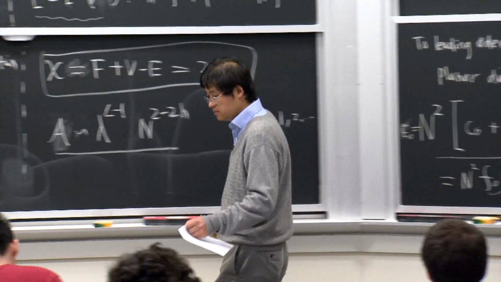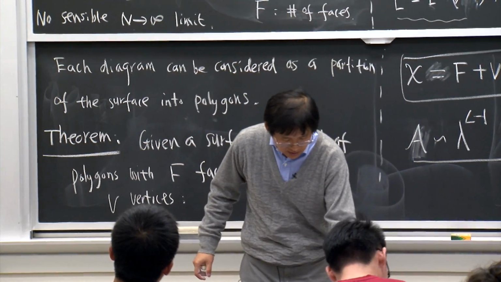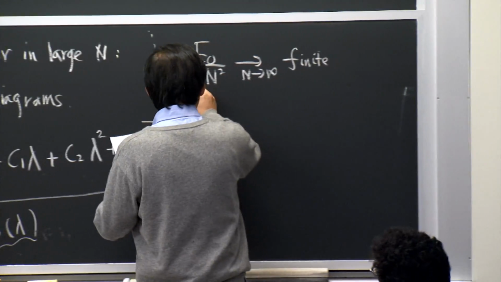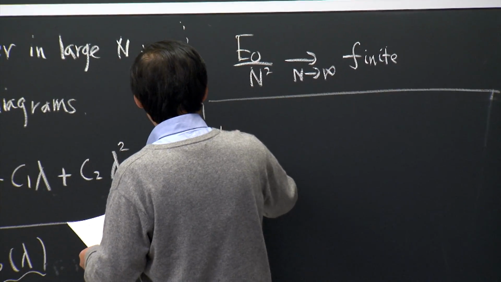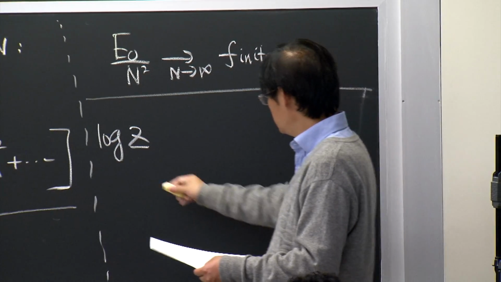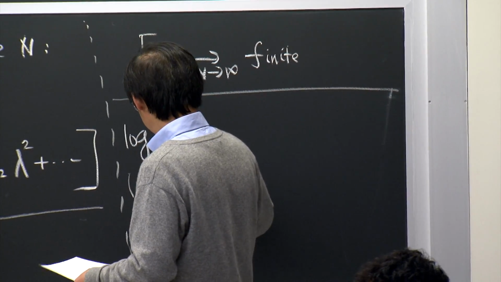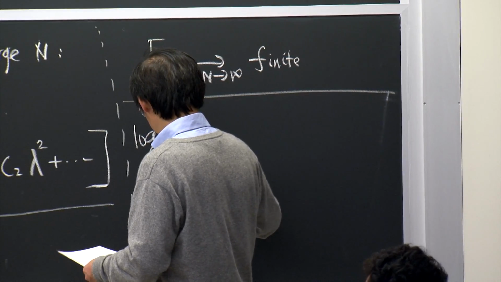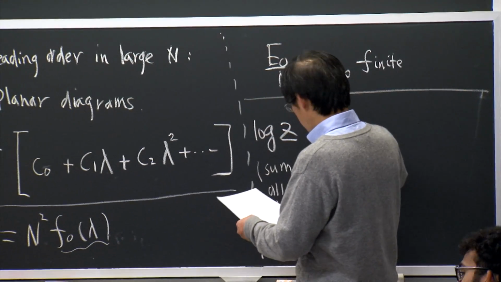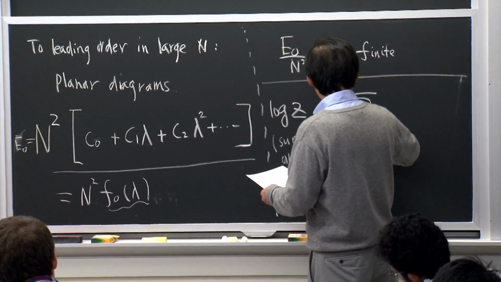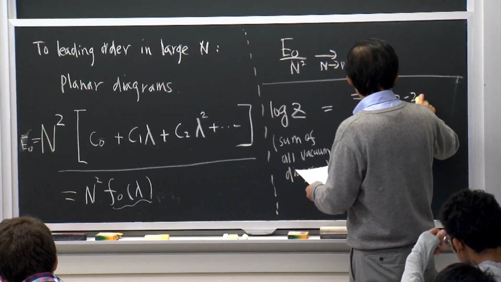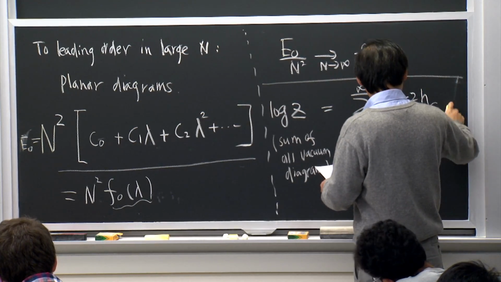Okay, so in general, of course, if you include the higher non-planar diagrams, etc., the vacuum energy, which we normally call log Z, is essentially the sum of all vacuum diagrams. Z is the partition function, so it's a path integral. So log Z will have the expansion from h equal to 0 to infinity, of n to the power 2 minus 2h, f_h of lambda.